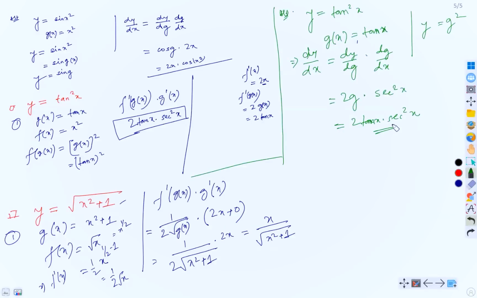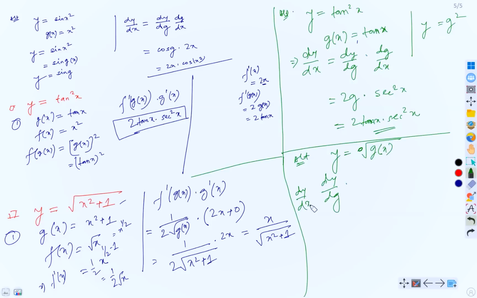Now we will follow this alternate approach. We have y equals square root of g(x), right? Now from the chain rule, dy/dx is dy/dg times dg/dx, correct?